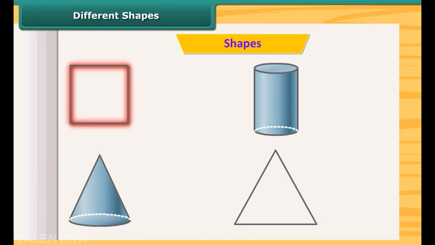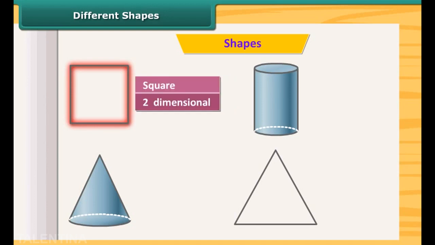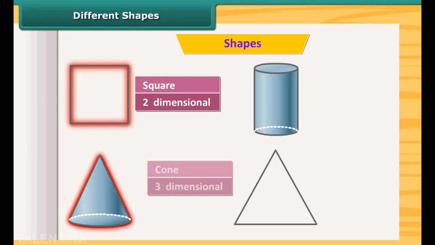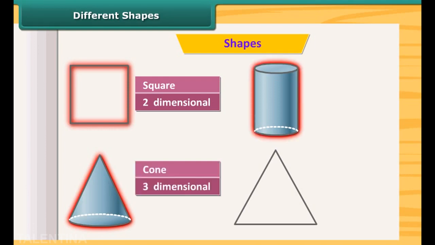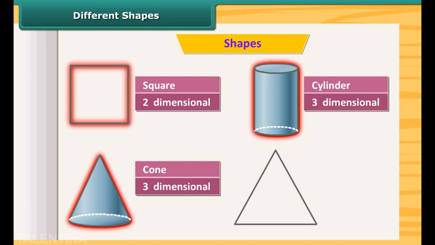This is a square and this is two-dimensional. This is a cone and is three-dimensional. This is a cylinder. This is also three-dimensional. This is a triangle and this is two-dimensional.